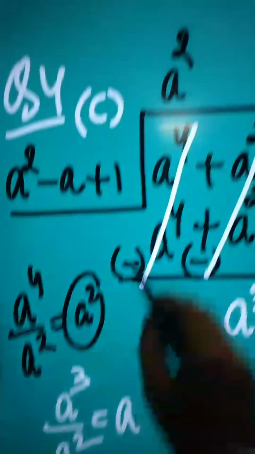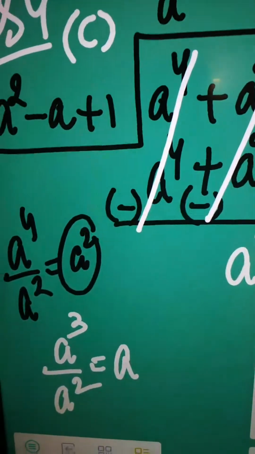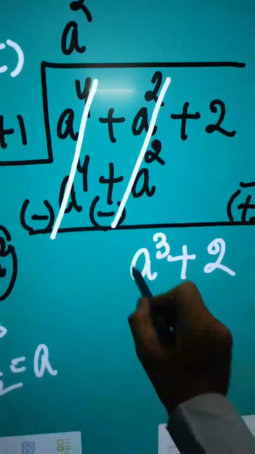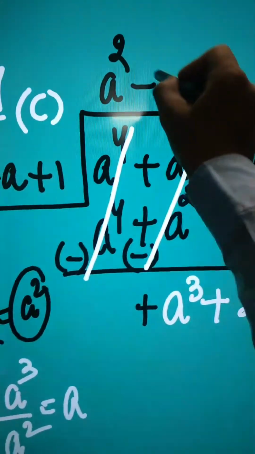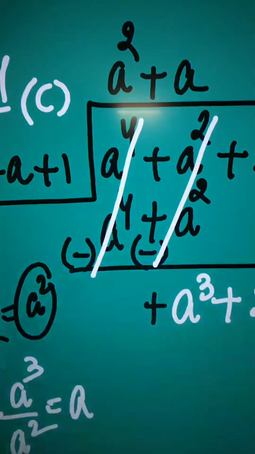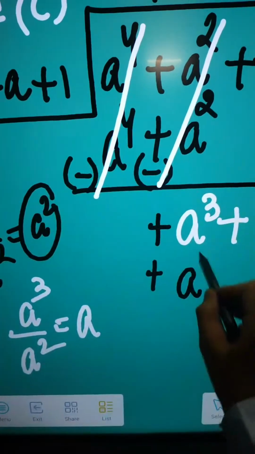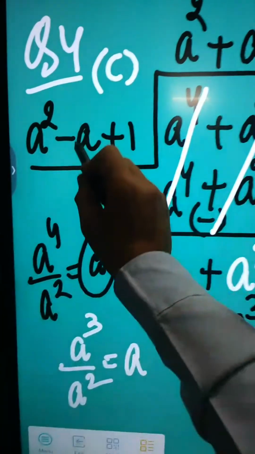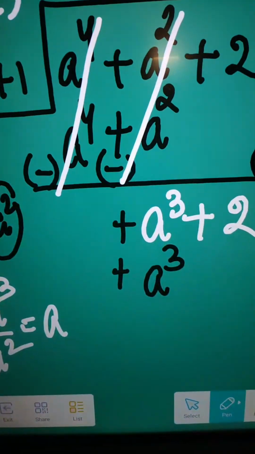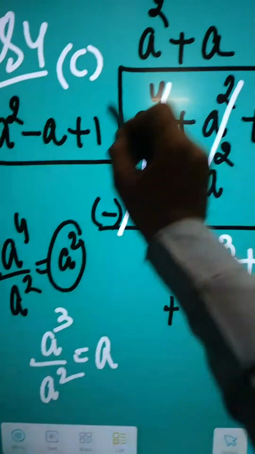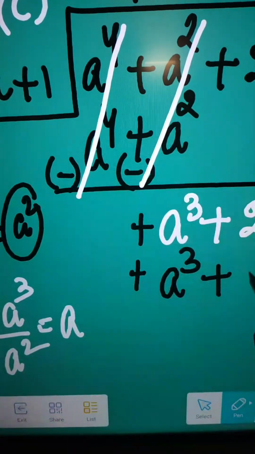Now this a I will write at the top, with a plus sign. So plus a. A into a² is plus a³. A into minus a is minus a². And a into plus 1 is plus a.